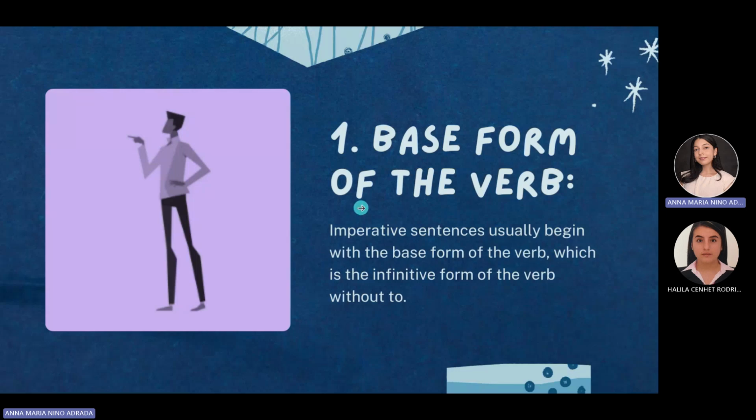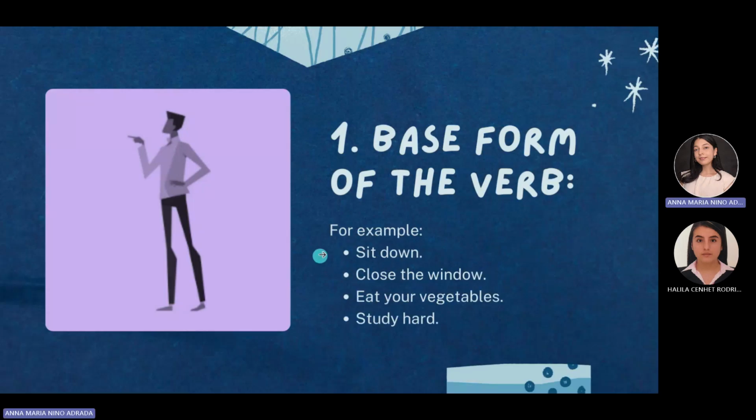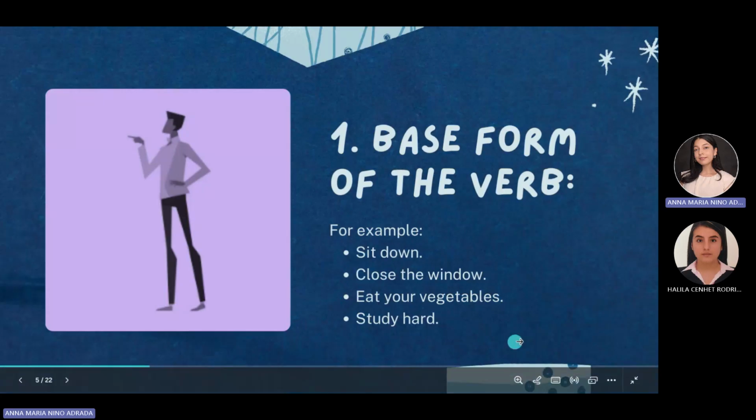So the first guideline for the sentence structure of imperatives is the base form of the verb. Imperative sentences usually begin with the base form of the verb, which is the infinitive form of the verb without to. For example, sit down, close the window, eat your vegetables, or study hard.